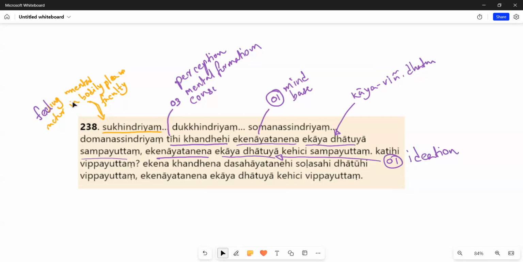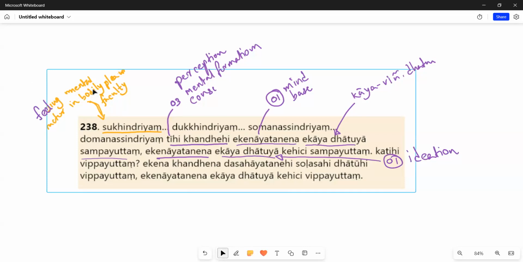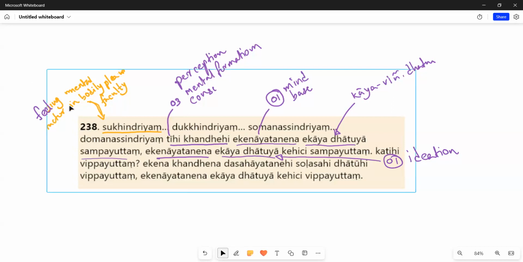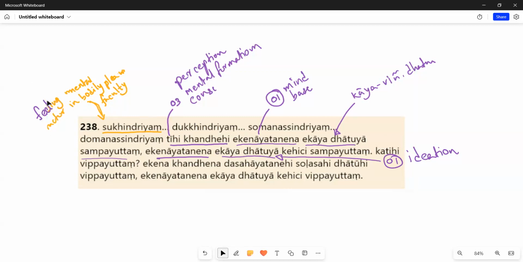In this chitta, there are seven mental factors, the Sabbacitta Sadharana, and from that one is the feeling mental factor.